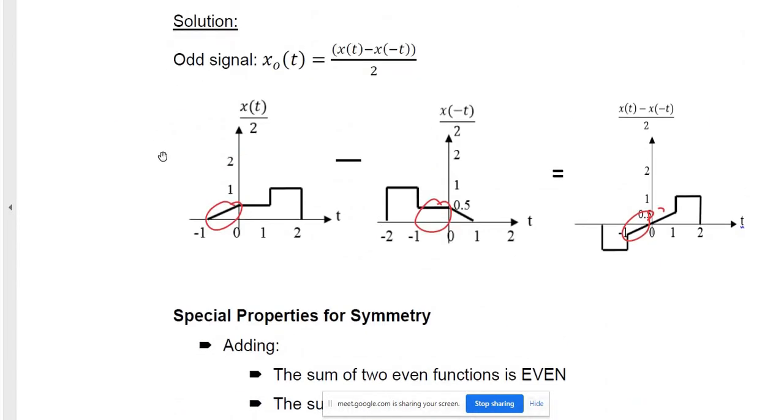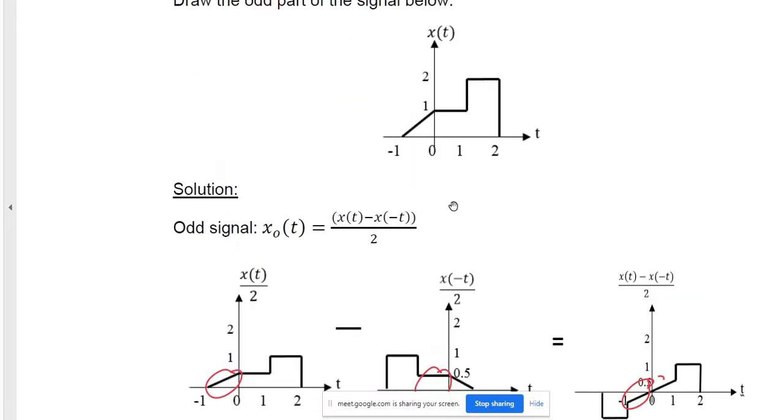So now this is the signal. We want to solve this signal. Maybe I copy this figure first.